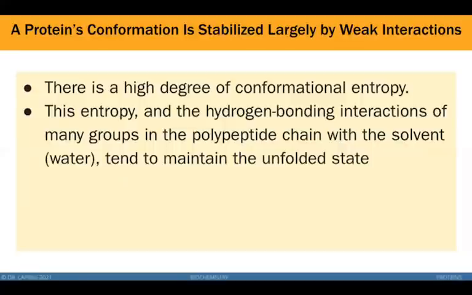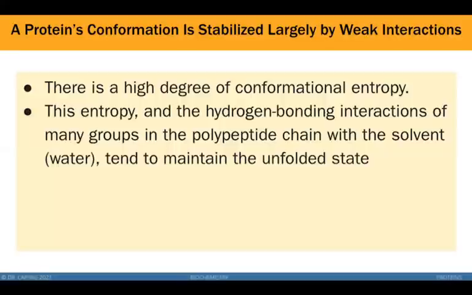And there is a high degree of conformational entropy. In a natural setting, there is a high degree of conformational entropy. If you dissolve proteins in water or in a solvent, placing it in an aqueous environment, the tendency of that protein is to be in an unfolded state.